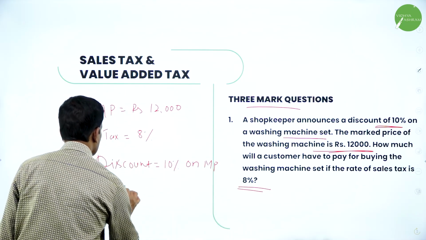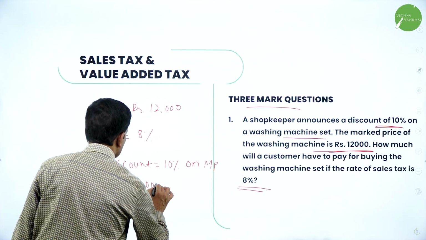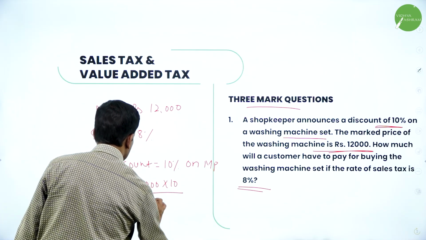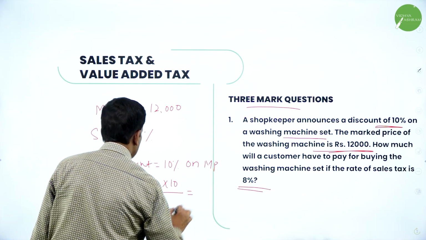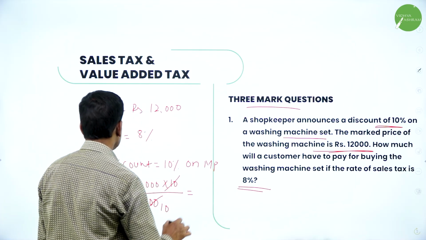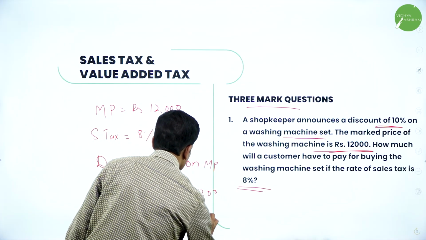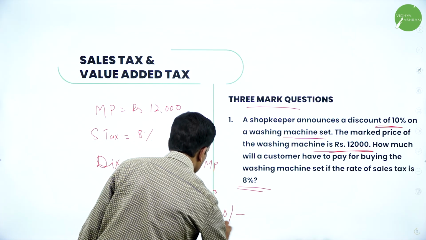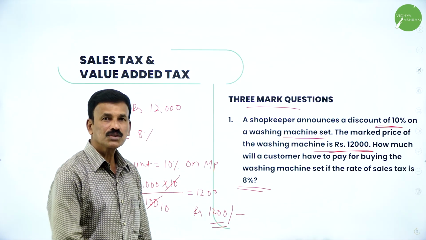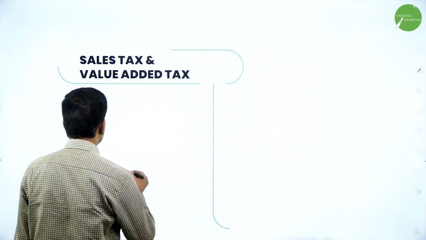So the discount is equal to 10% of 12,000, which means 12,000 into 10 divided by 100. That's equal to 1,200. So the discount is 1,200.